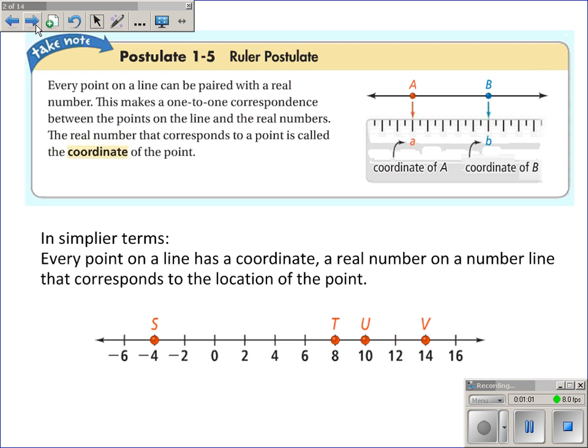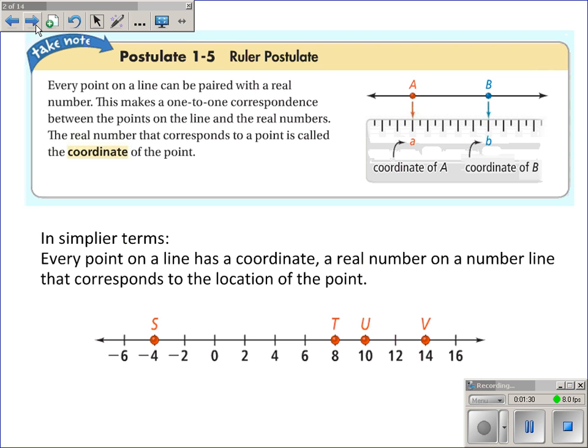So there's a way of pairing every point on a line with a real number, so that every distinct point has a distinct number. What number it's paired with is called the coordinate of that point.